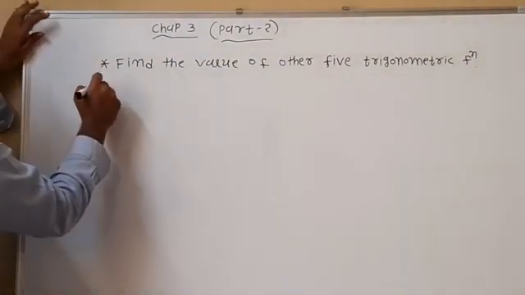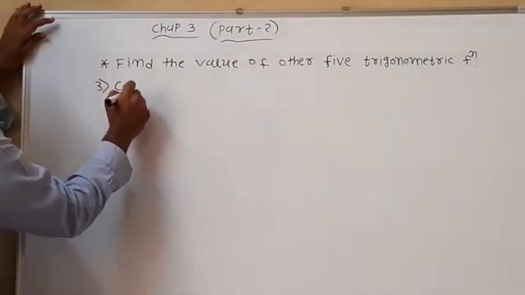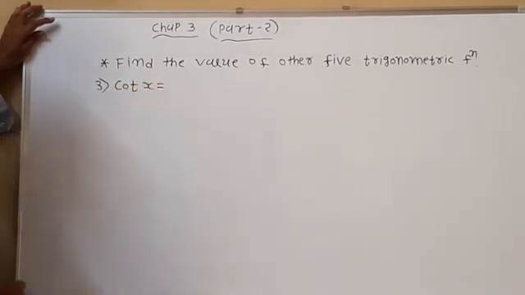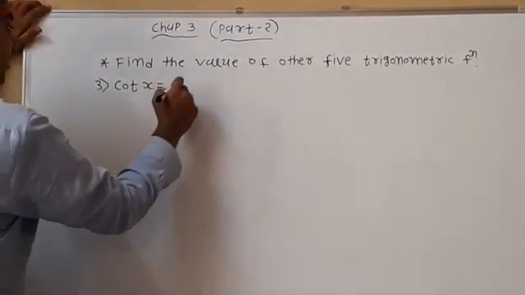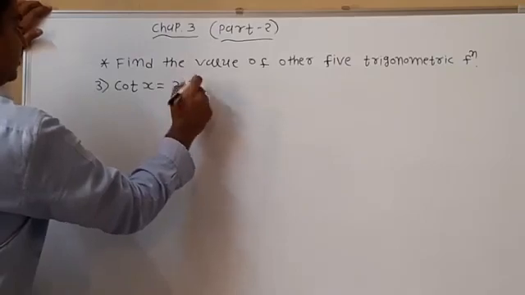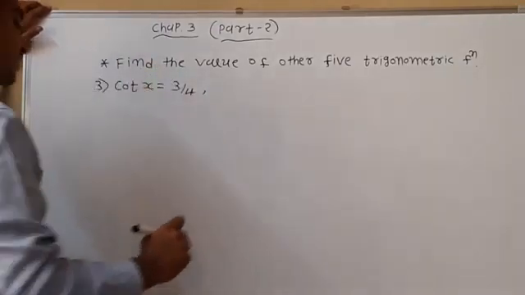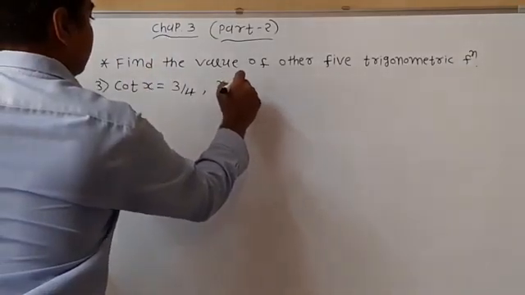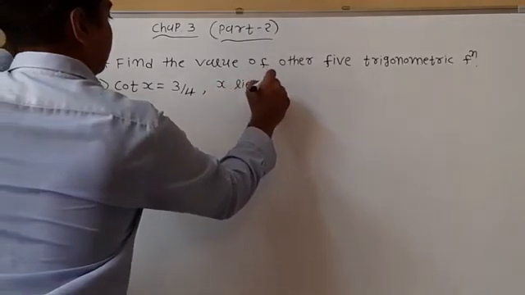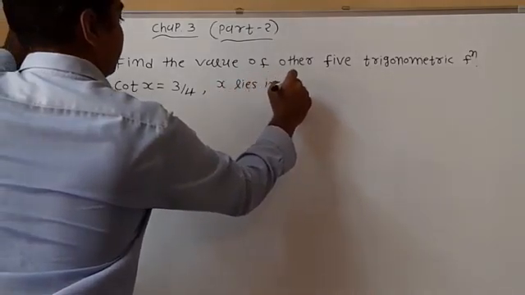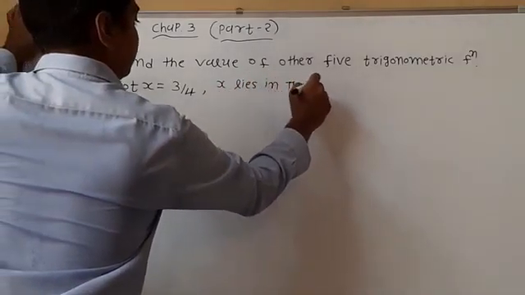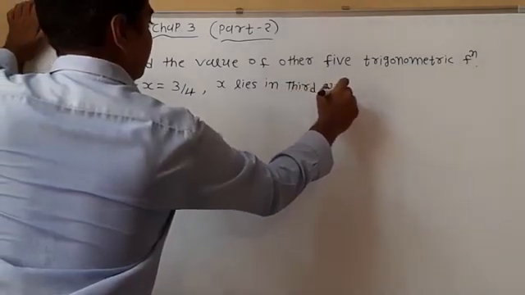Question number 3. cot x is equal to 3 by 4 is given and x lies in the third quadrant.